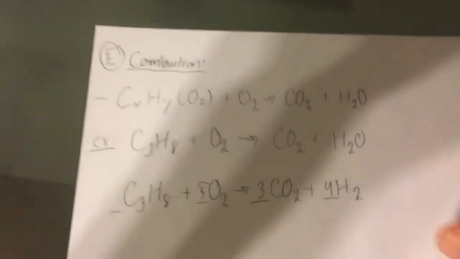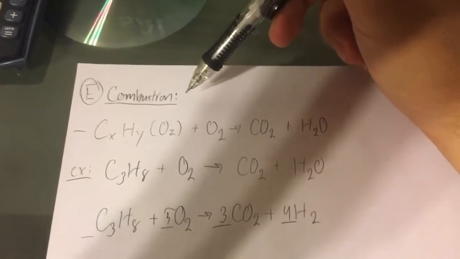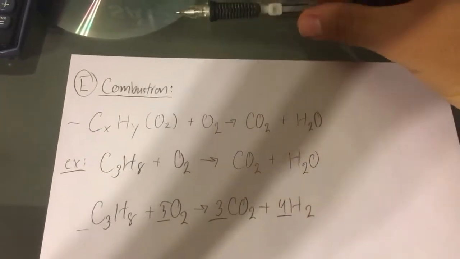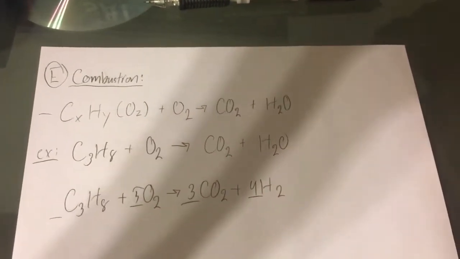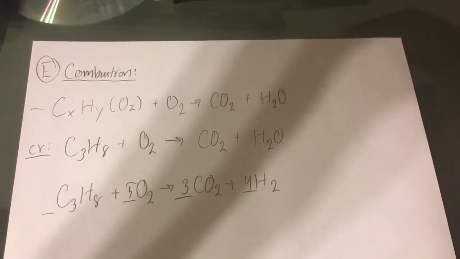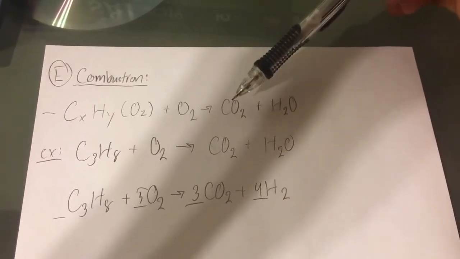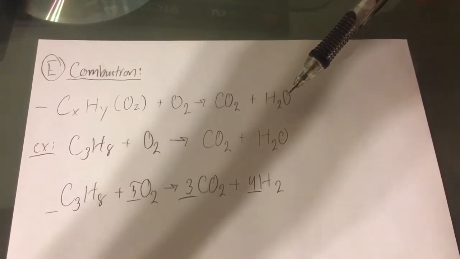Yay. So, let's look at the final type of chemical equation, which is combustion. This is when a compound containing carbon and hydrogen, or sometimes oxygen, combines with oxygen gas to form carbon dioxide plus water.